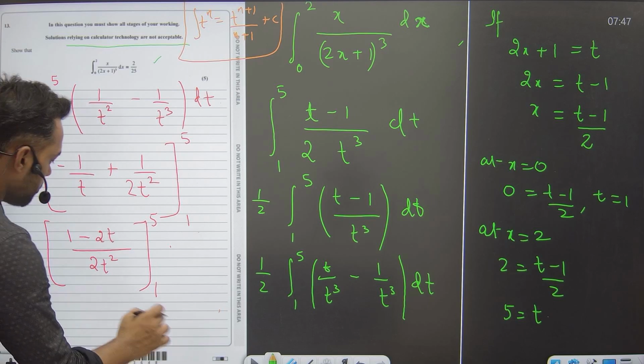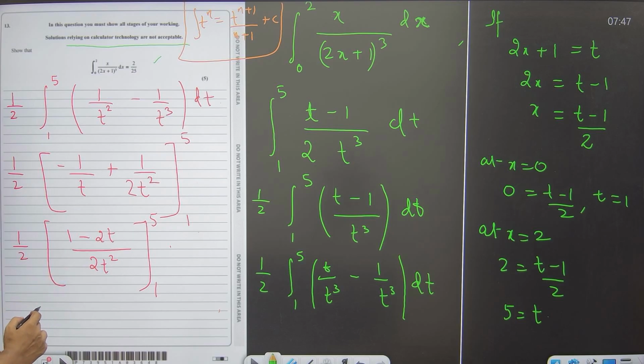If we take 2 common from this part, students, we'll get 1 by 4 upon 1 minus 2t upon t square, and the limit will be 1 to 5.